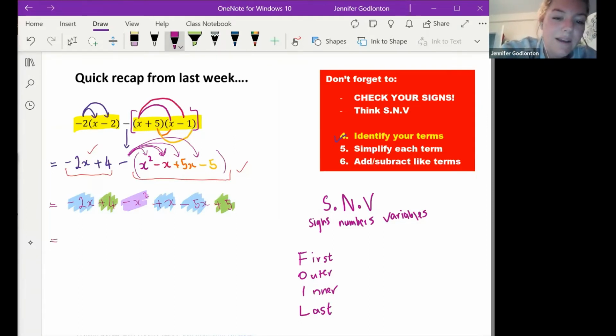So I have -x squared. Now I'm going to look at the blue ones. So my x's, I've got -2 plus 1, which is -1, and then -5, which gives me -6x. And now I'm going to look at my greens. So 4 plus 5 gives me 9. That would be our full answer here.